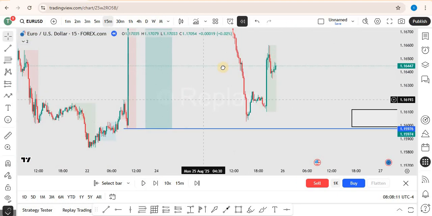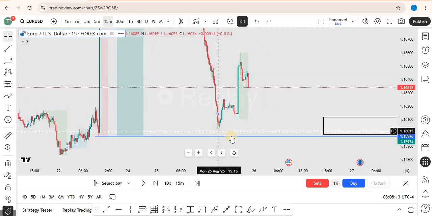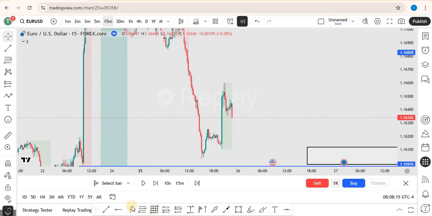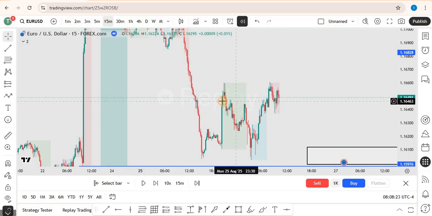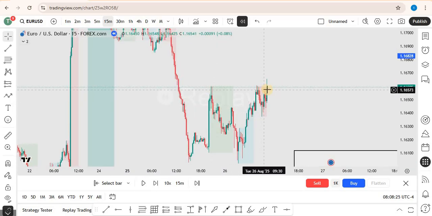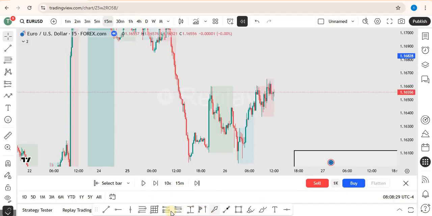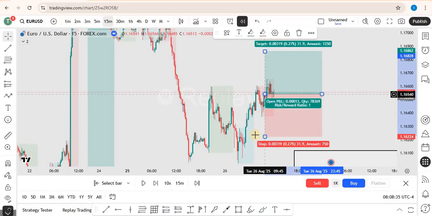Before it achieves its objective, as you can see, price did not achieve their objective. We got a high here. Price should go to that high, become the relative equal highs, sweep from here. This fair value gap becomes an inversion, then you take entry from here.